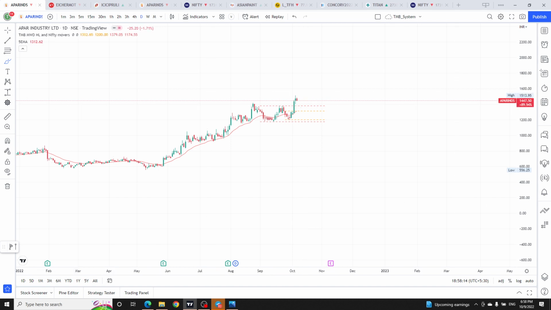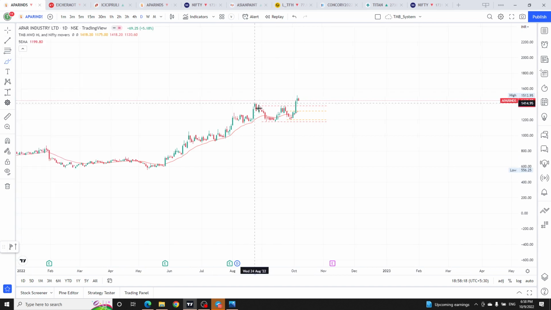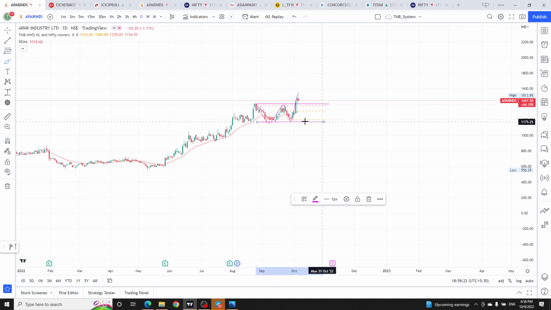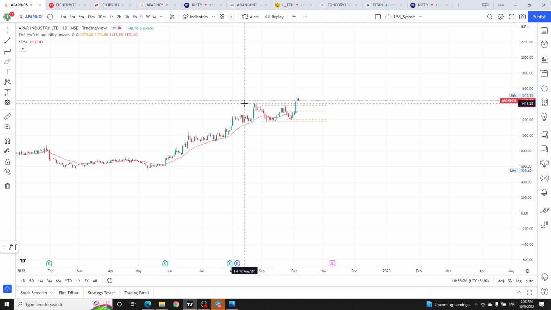Coming to the daily time frame, this is a double bottom, which is also a very interesting bullish pattern. It is trying to break out. The stock price has broken out of the previous high and is coming for the retest. Once it comes for the retest, it may move up.